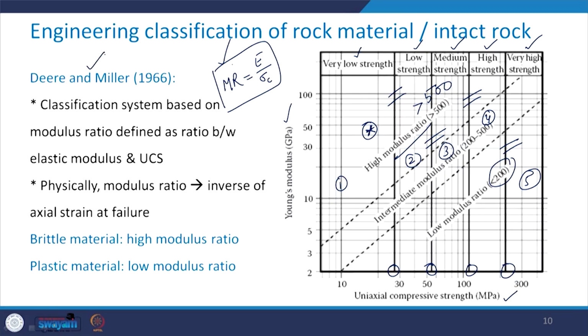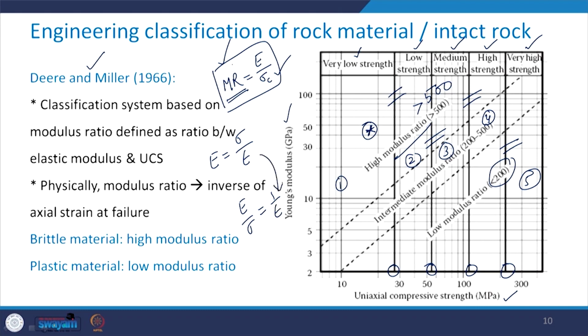So, basically, take a look at the definition of this modulus ratio. Generally, this modulus ratio is defined as modulus of elasticity divided by the UCS. Okay, it is kind of a stress. We know that modulus of elasticity in general definition is sigma upon epsilon, that is stress upon strain. Now, if I just take E upon sigma, that is going to give me 1 upon epsilon.